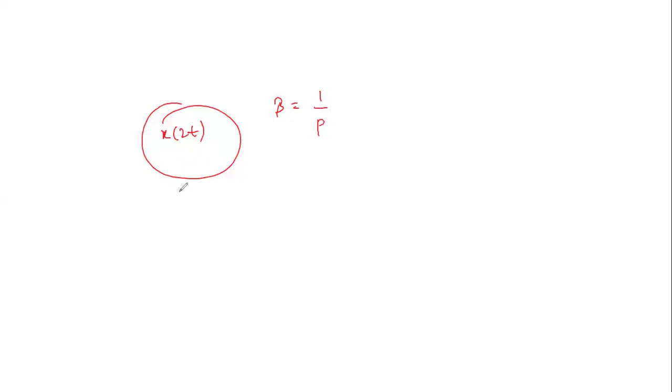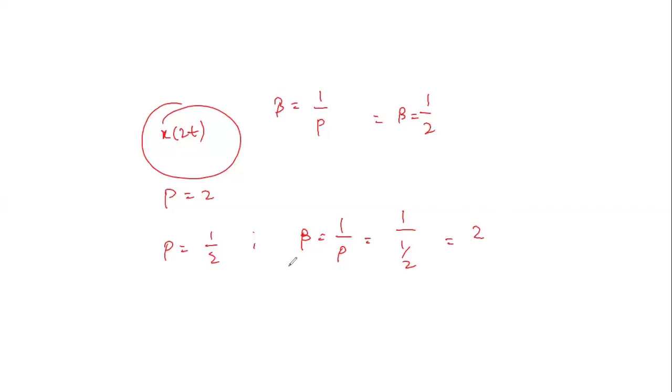So that when p is equal to 2, then it means that 1 over 2 is beta. So this is going to give you compression, right? So that when p is the same as 1 over 2, then beta being the same as 1 over p will now be 1 over 1 over 2, which will be the same as 2, right?